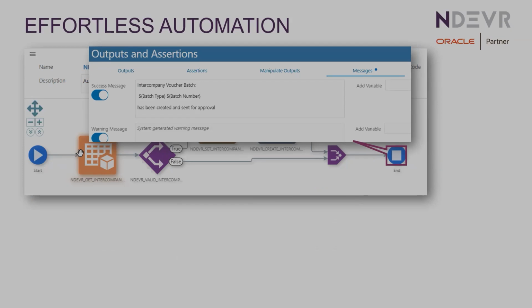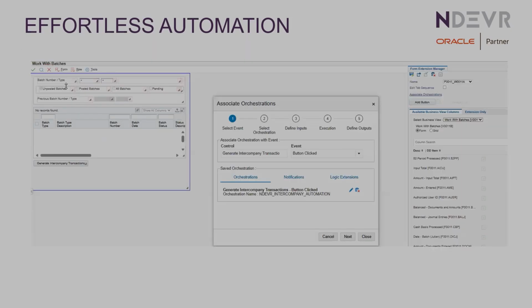So I've now got the automation. It knows what it must do in order to create the intercompany voucher or the related party voucher. And we need to add it on to run it, basically. So here, as I said, I'm working on the batch in total.